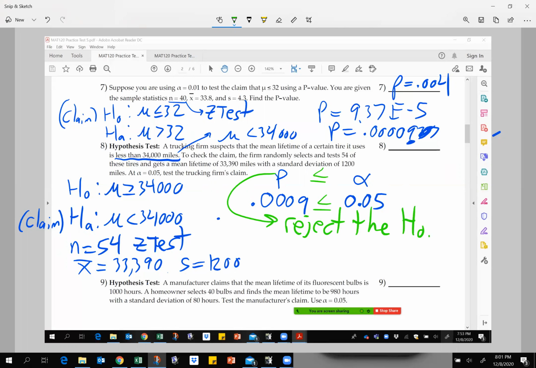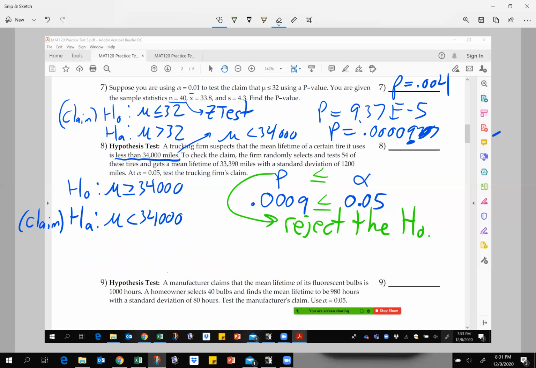So to reject the null, the last thing we would want to do would be to state our conclusion. So let's go ahead and do that. Your conclusion has 2 parts to it. The first part is based upon the decision.